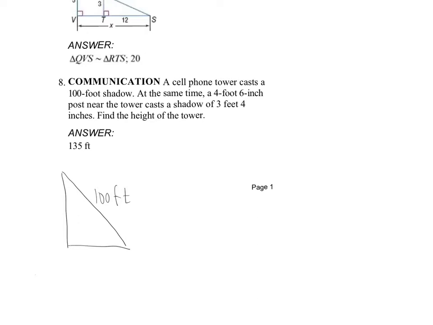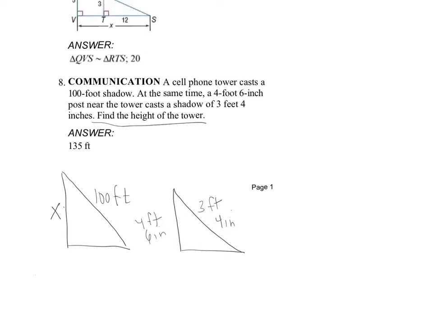And then we also have a post nearby, and we know that the post is 4 feet 6 inches, and it is casting a shadow of 3 feet 4 inches. And so we can see that if we were to figure out this value over here, we would be able to know the height of the tower.